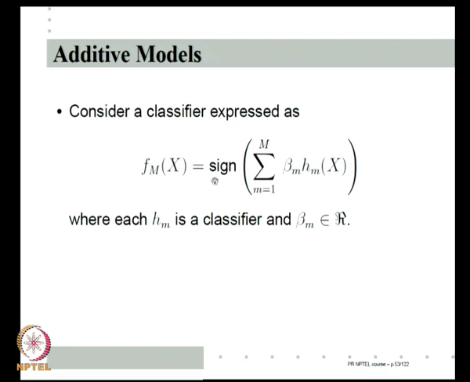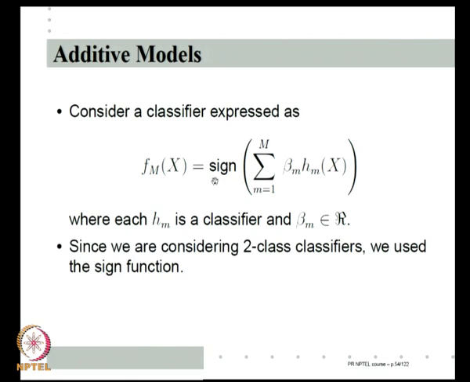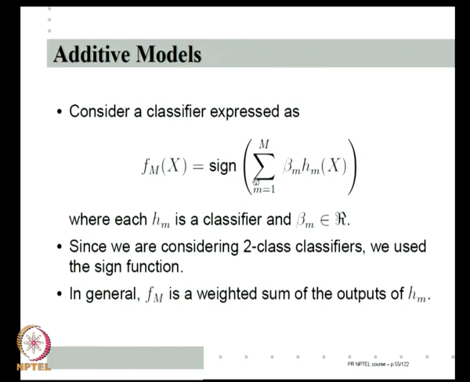Now, we take the sign essentially because we are considering two classes here. Because we are considering two classes, we take the sum of all the classifiers and take its sign for our final classifier. But in general, I do not have to take the sign. So, any f M that can be expressed as a sum of classifiers like this is essentially an ensemble classifier.